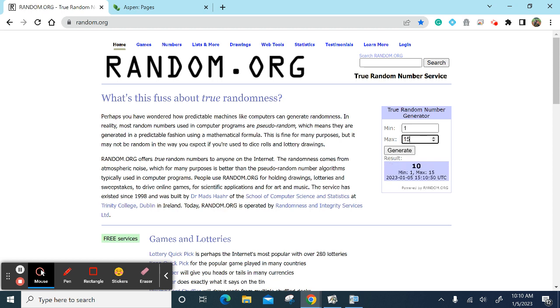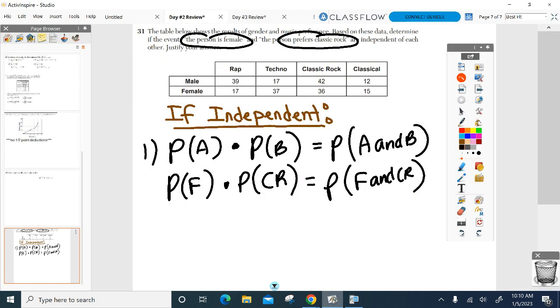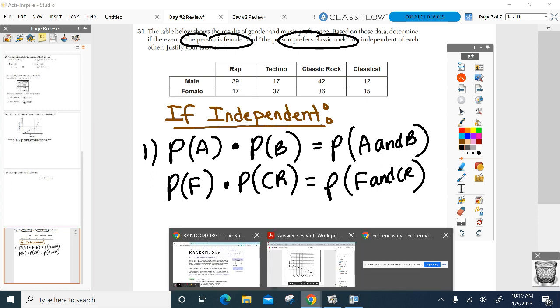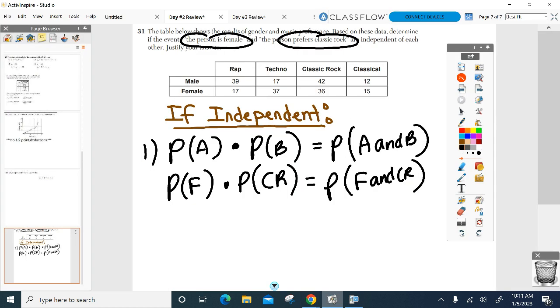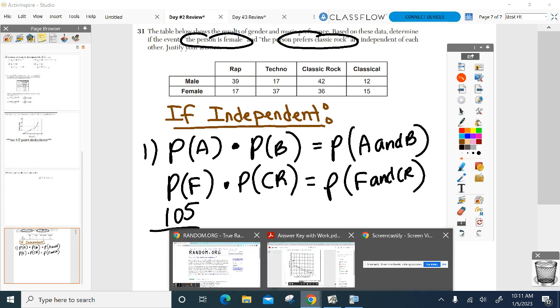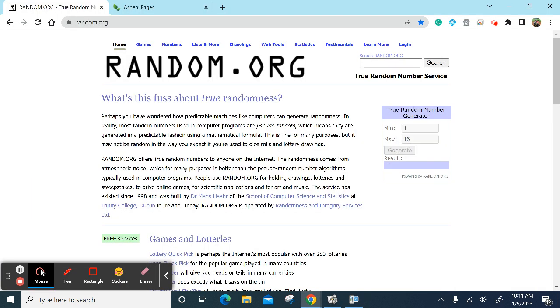How many females in this chart? 105. Now, I don't put 105 here. I put 105 out of the total number of people in this chart. So it's going to be 105 out of how many total people in this chart?